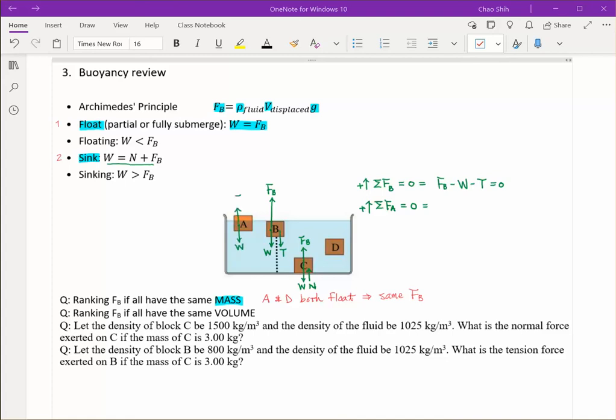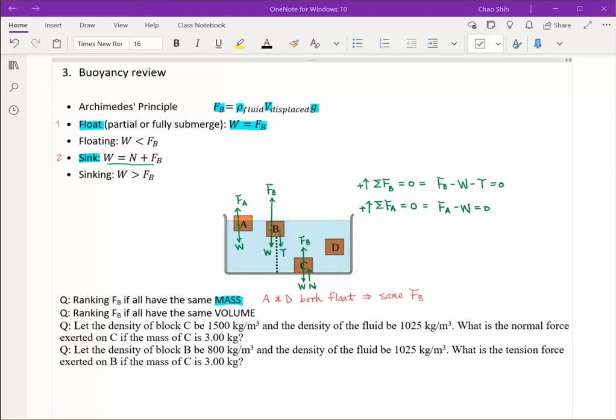So let me just say, we use F of A to represent the buoyancy force of the block A. So this is the block A buoyancy force minus W, that will be equal to 0. Now I use W for all of them because they have the same mass, meaning their weight will be the same.